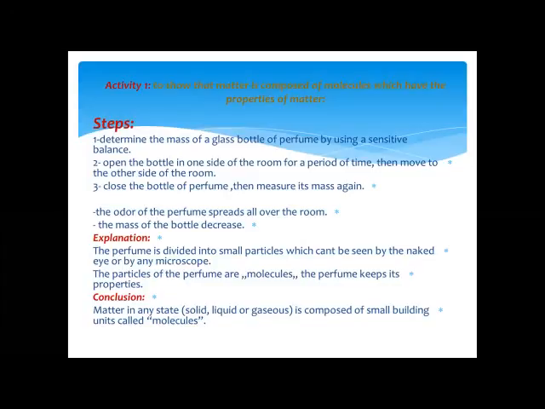That means I smell the same odor that was found inside the perfume, it doesn't change. These are the same particles that got out from the bottle, so they kept the perfume properties.